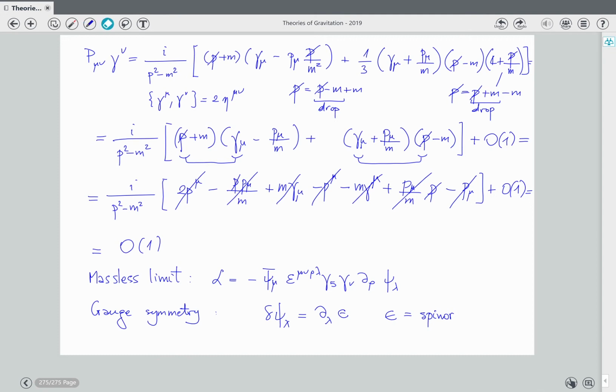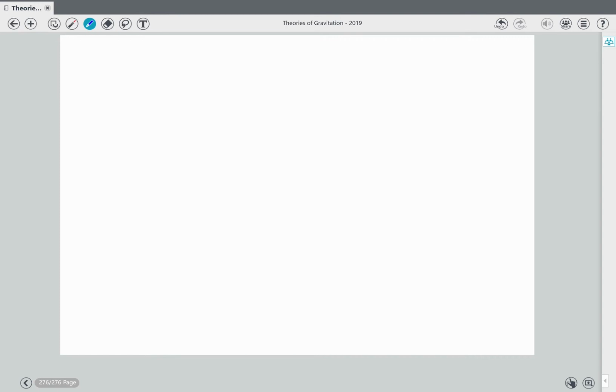For this symmetry, you need a gauge fixing. Typical gauge fixing conditions. One is this.